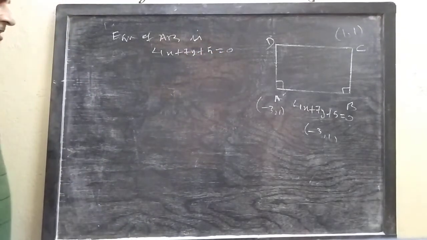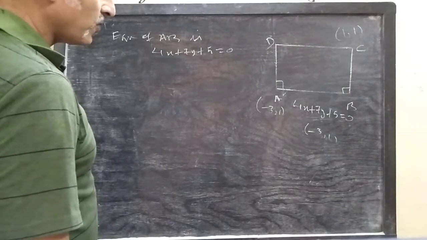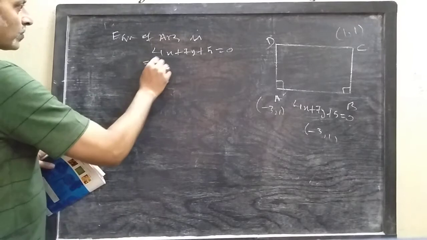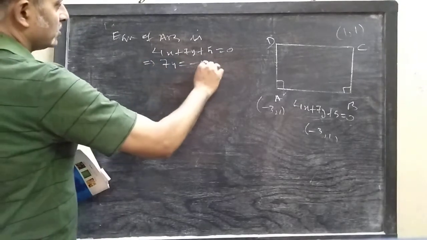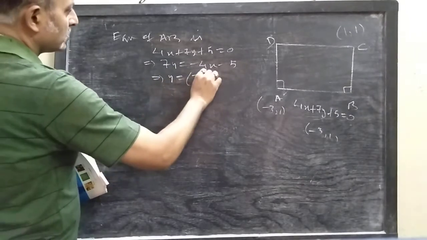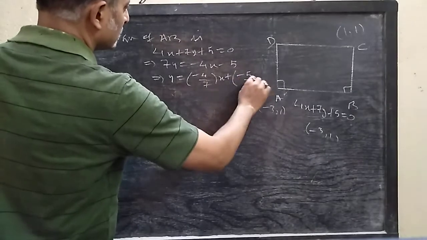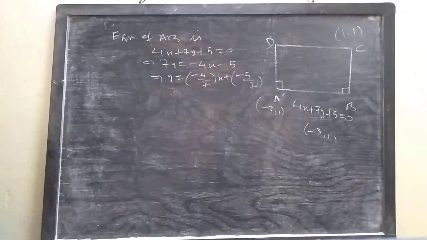Let us shift this to slope intercept form, because we want to find its slope. 7y equals minus 4x minus 5. That implies y equals minus 4 by 7 into x and then minus 5 by 7.